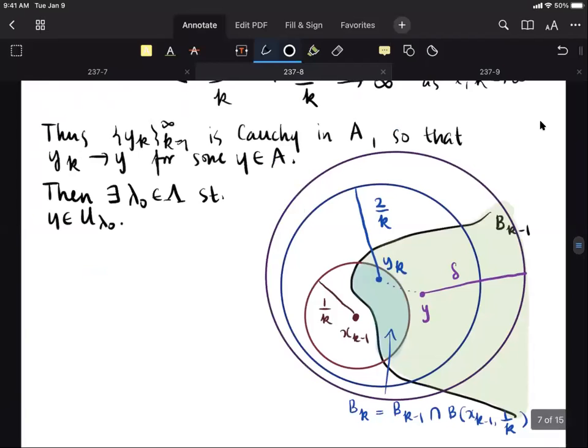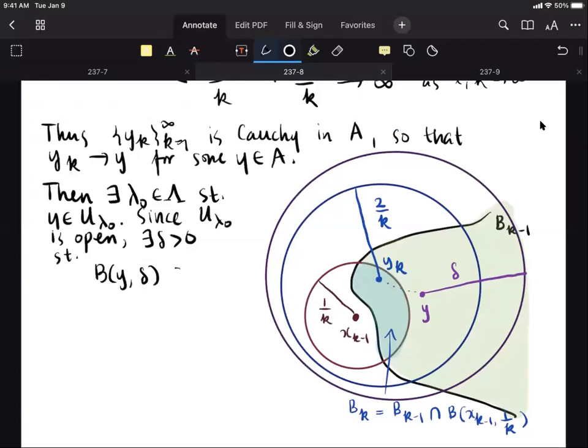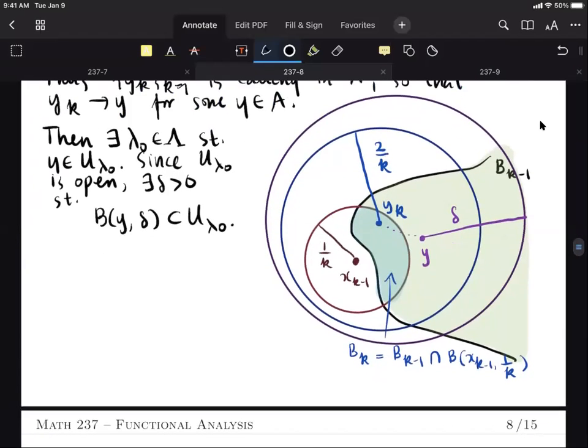So we're using the fact that this is open, there must be a radius delta such that the ball centered at y with radius delta is contained in u lambda naught. Based on this construction, you can establish using the triangle inequality that b sub k, by definition, is a subset of b sub x sub k minus 1, 1 over k.